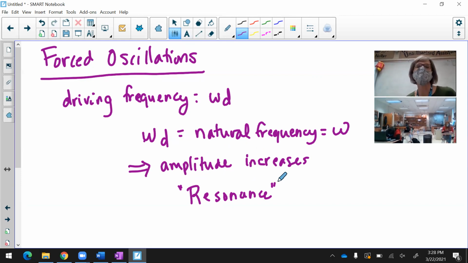So resonance is when the amplitude increases because the natural frequency and the driving frequency are the same. And the swing example is really the best thing to do. If you push that person every time they come up to you, they go higher and higher and higher.